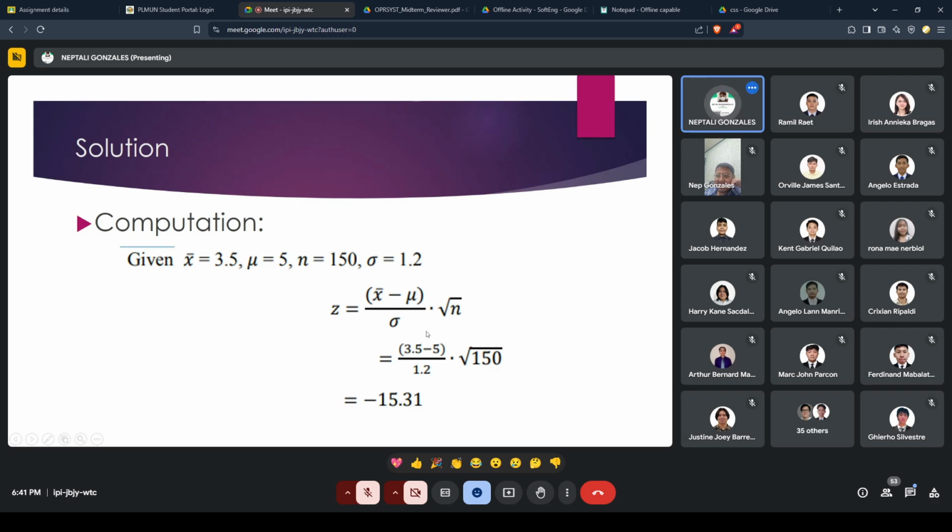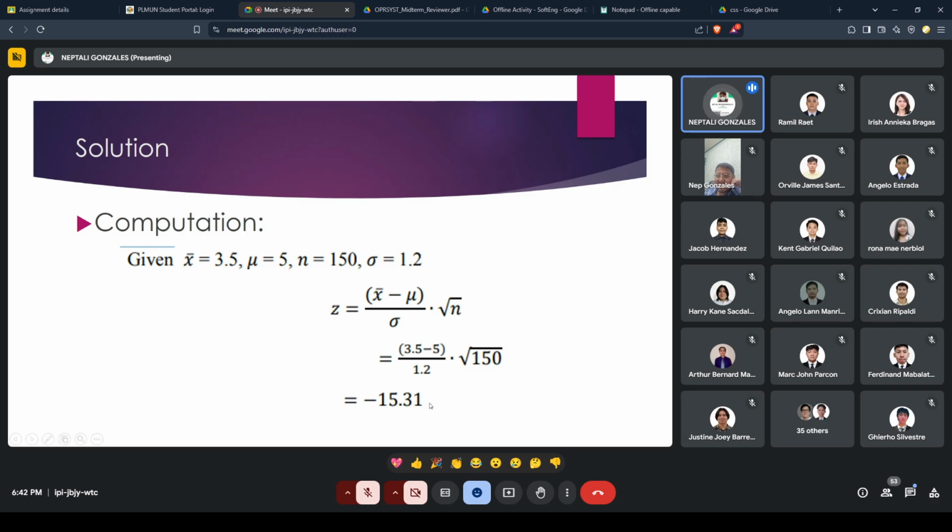If we are going to compute for this one using your calculator, 3.5 minus 5 divided by 1.2 times the square root of 150, that is equal to negative 15.31. And this is our computed Z value. Remember, whatever result in the formula, that is the computed Z value.